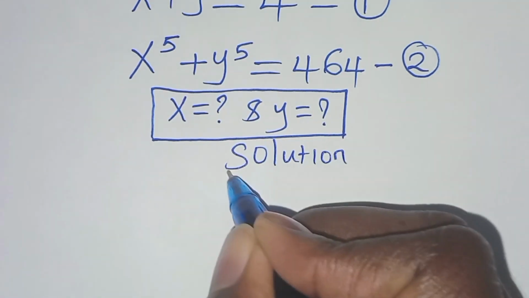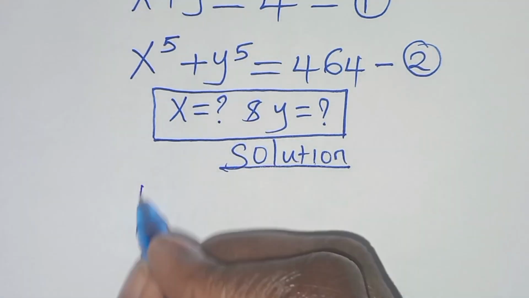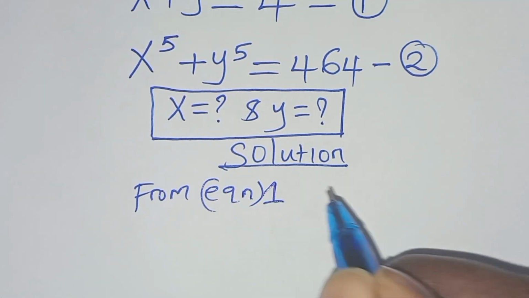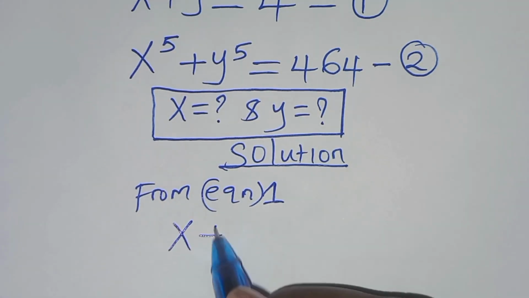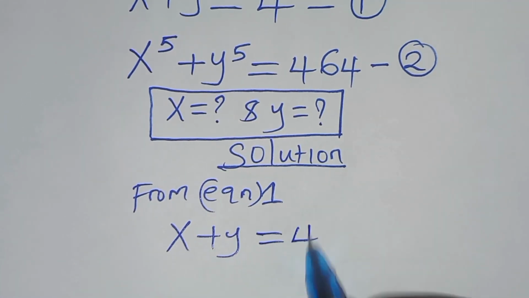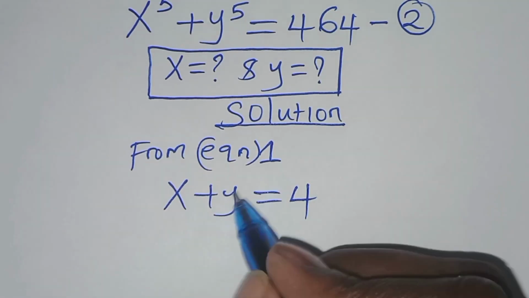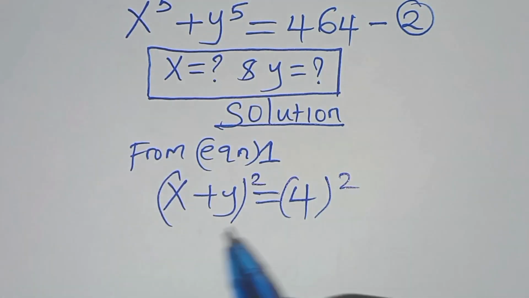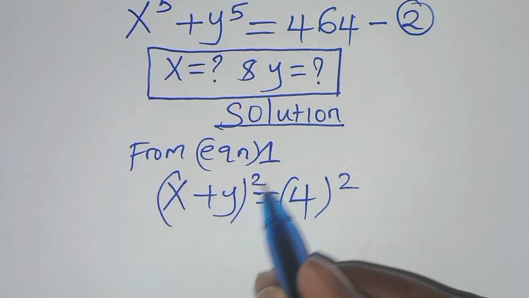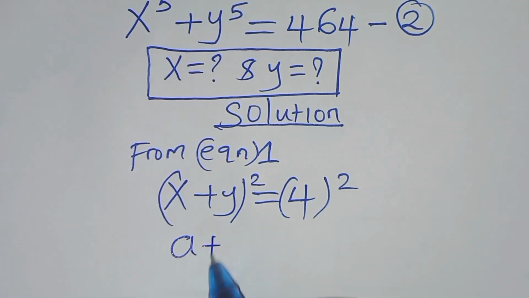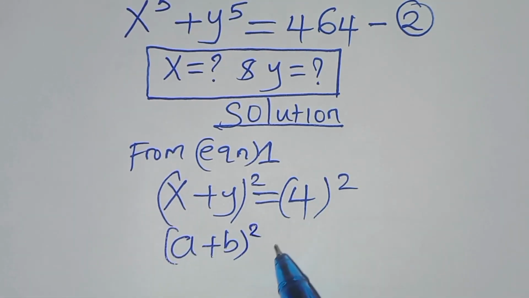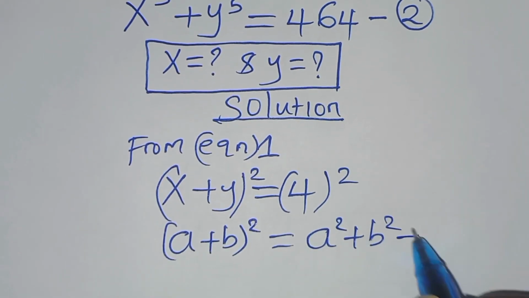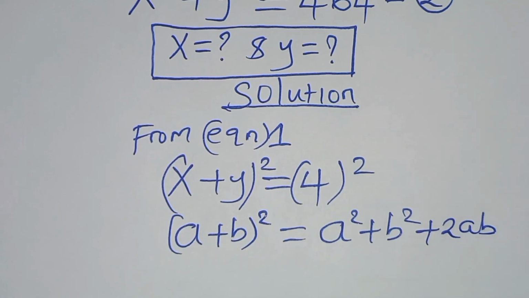It's a comprehensive solution. Now from equation 1, we have x plus y equal to 4. So the first thing, let's square both sides. Here we have x plus y squared. This is in the form of a plus b squared, which we can express as a squared plus b squared plus 2 times a times b.